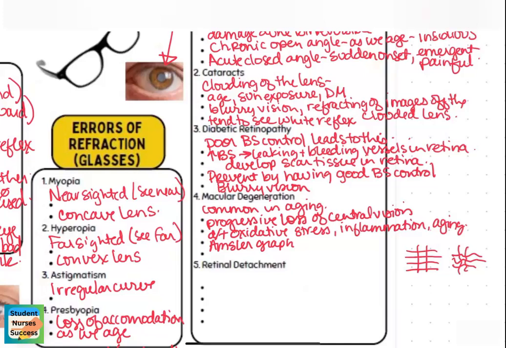Now, there are two types of macular degeneration, wet and dry. And dry is the most common form. Dry is the development of yellow protein deposits called drusen spots, and these will affect the central vision. The wet is less common, and it's actually caused by proliferation or overgrowth of blood vessels that start to leak and ooze.